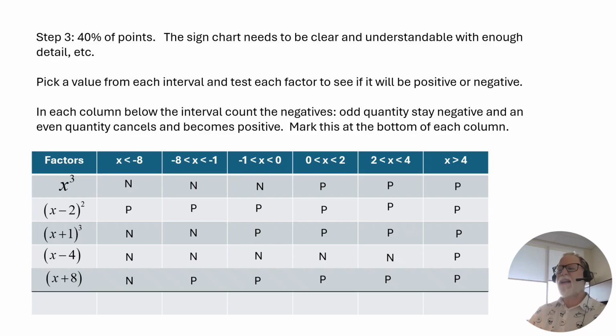If you count the negatives, an even quantity results in a positive value, and an odd quantity results in a negative value. Now we can determine the answer, whichever of the inequalities it might be.